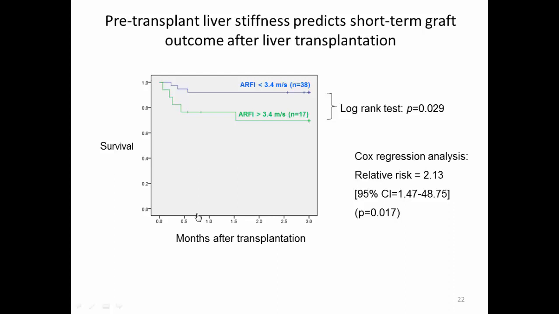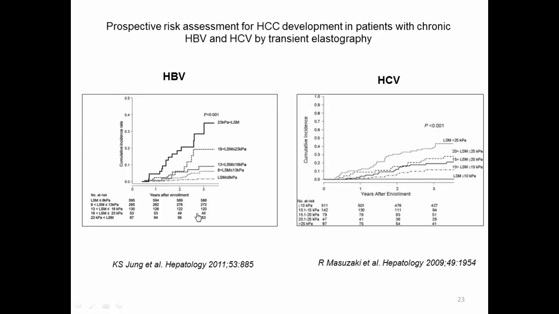As we can see, if the patient has a higher liver stiffness before liver transplant, the short-term mortality after transplant was higher than those with softer liver. And there are other studies working on other aspects. For example, for hepatitis B and hepatitis C, other researchers have shown that increased liver stiffness was associated with increased incidence of liver tumor.